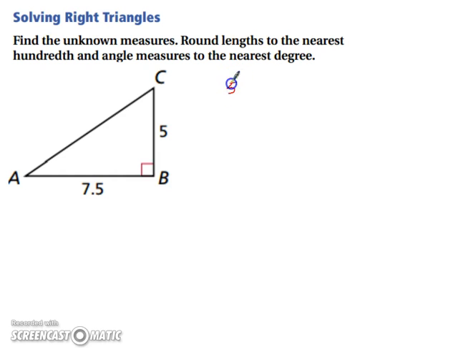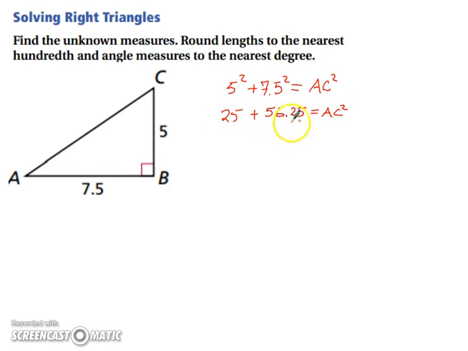So we can have 5 squared plus 7.5 squared, and that's going to give us our AC squared. So we have 25 plus 7.5 squared, which is 56.25, and that will give us our AC squared that we don't know yet.